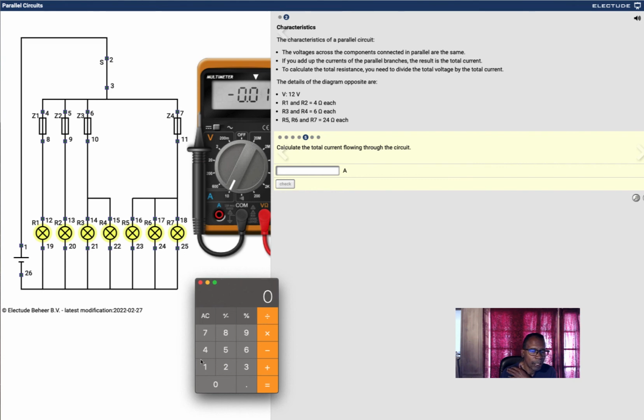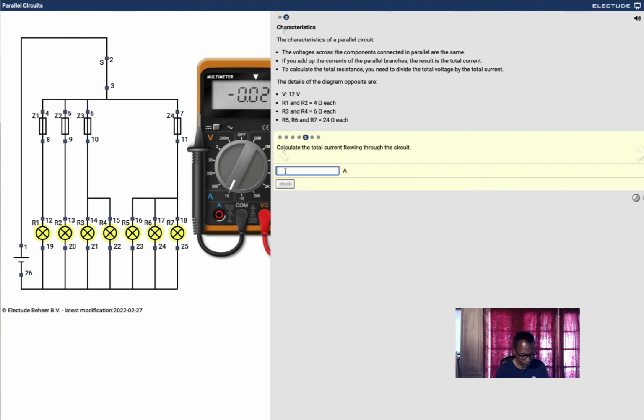So let's add it up. 1.5, because we did this earlier, plus 2 and 2 is 4, and 3 and 3 is 6. So the total current leaving the battery to feed all these 7 circuits should be 11.5 amps.